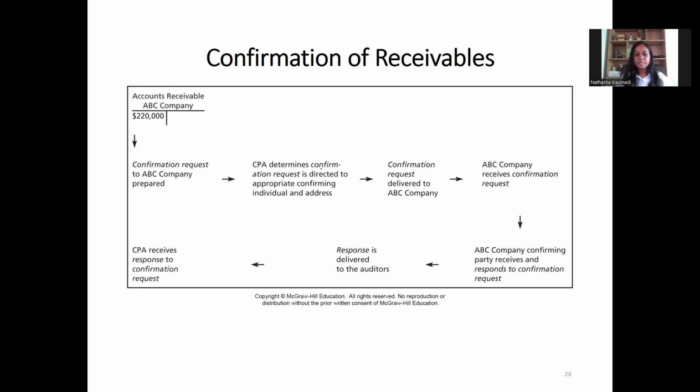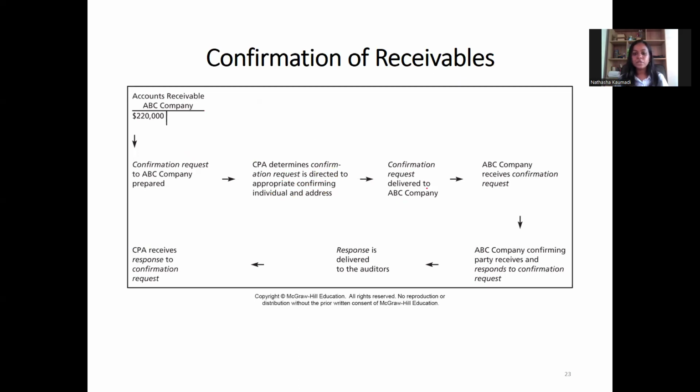CPA determines confirmation request is directed to appropriate confirming individuals and addresses. They are checking whether the appropriate addresses have been used for the confirmation request. Now we are requesting confirmations. We are sending a request to confirm the balance. We discussed these things, right?